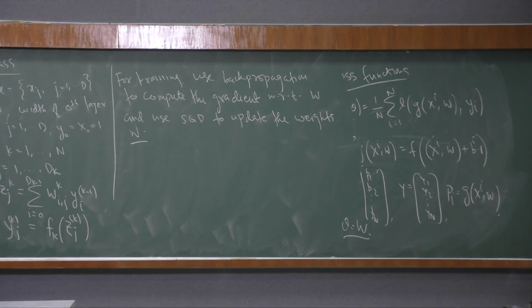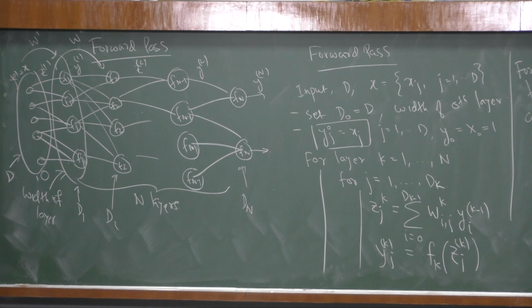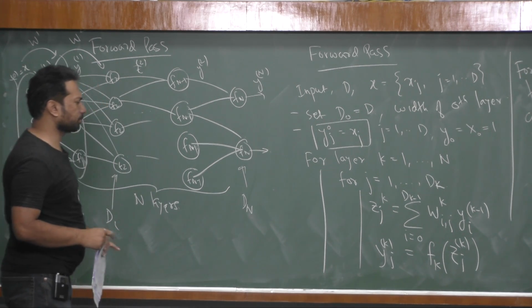Okay. So this is the process we follow. To use stochastic gradient descent, I need the gradient computations, and this is a bit tricky, and that is done via back propagation, which is a way to use the chain rule.